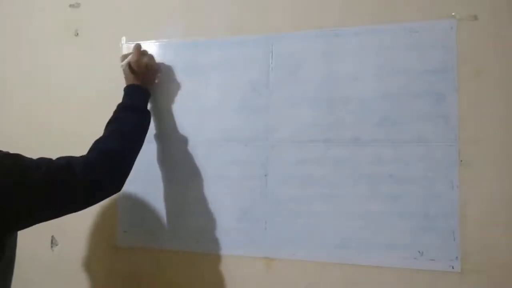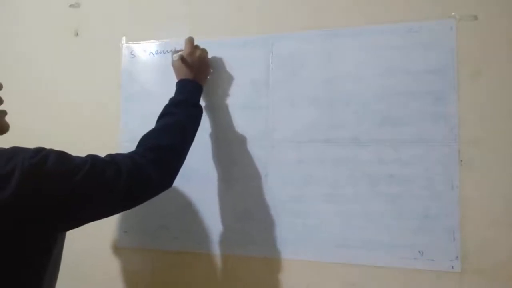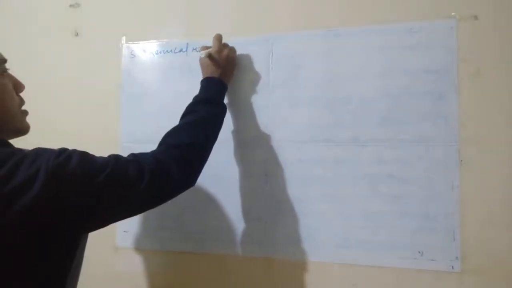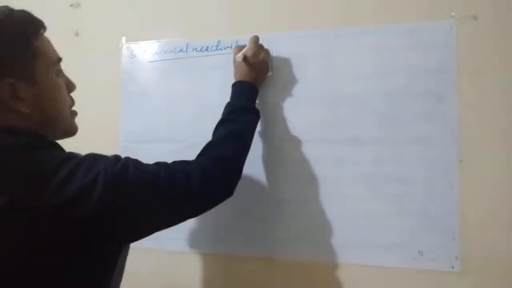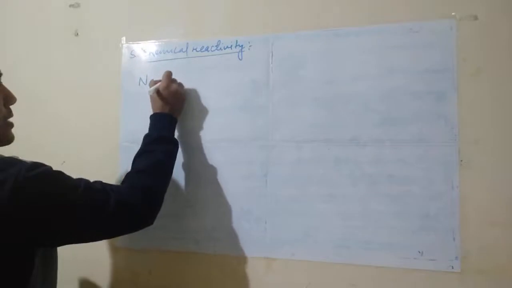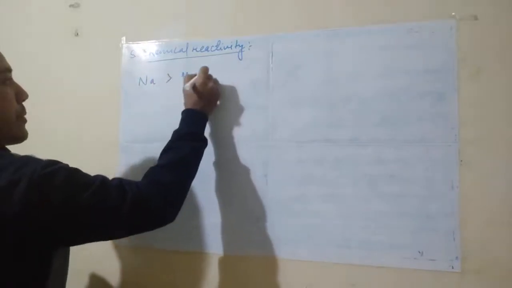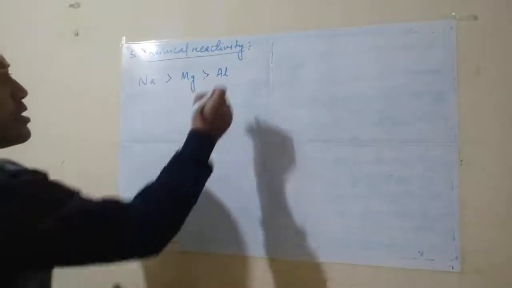Next is the chemical reactivity. Now number 5 is chemical reactivity. Now look here, sodium is more reactive than magnesium, than aluminium, right?